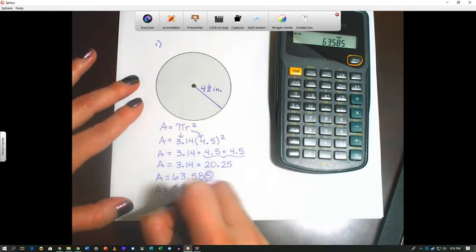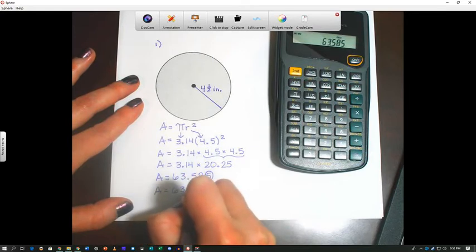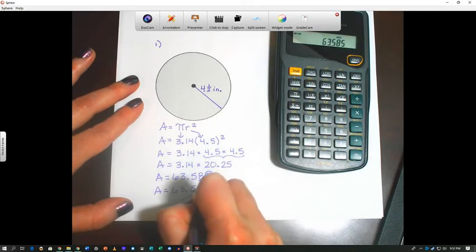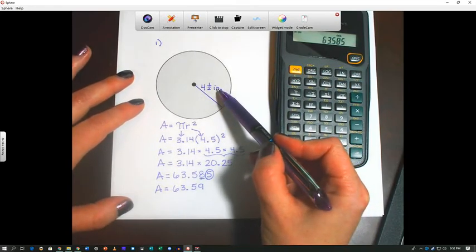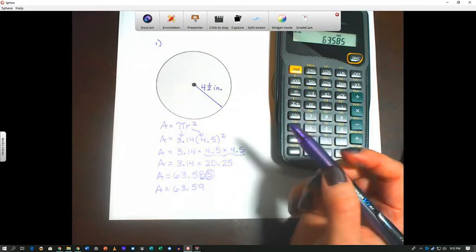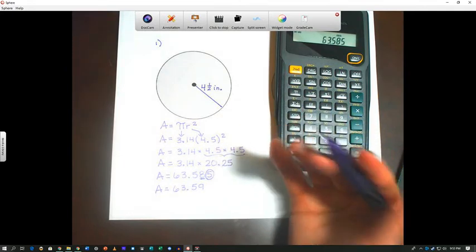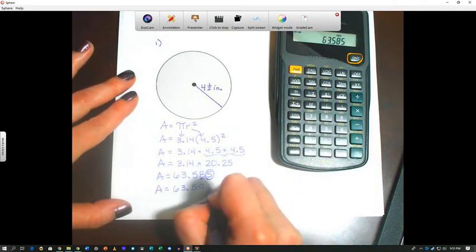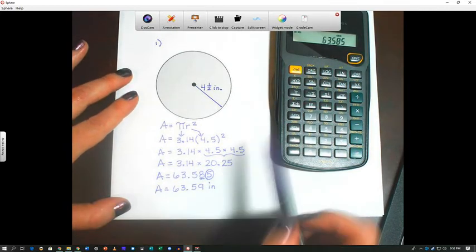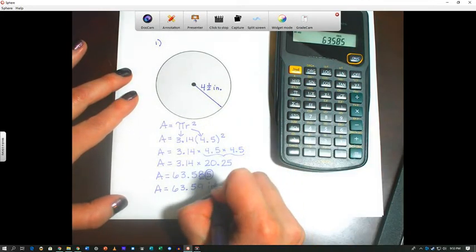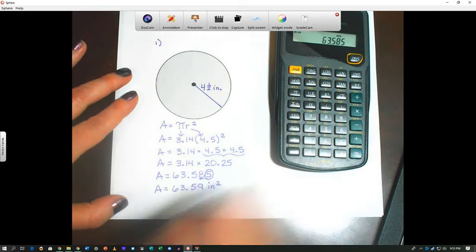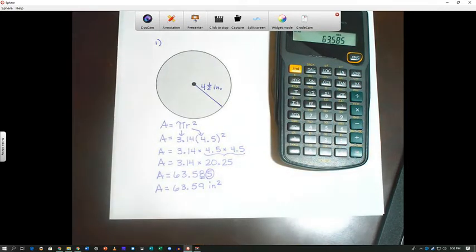So the area is approximately 63 and 59 hundredths. We have to use our label because we don't know if we're measuring in meters or feet or centimeters. In this case, it's inches. And area is two-dimensional. I'm taking inches and multiplying it by itself. So we're going to square our units. So 63.59 square inches.